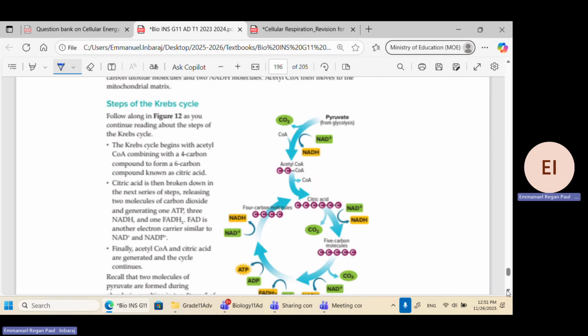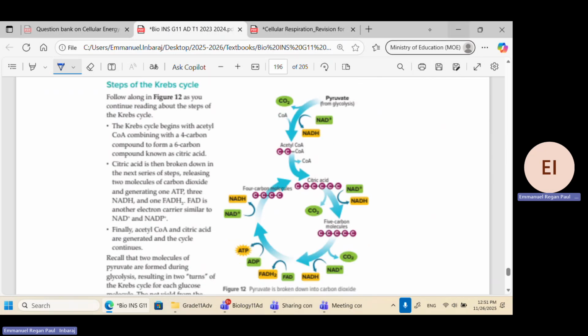So what happens in Krebs cycle? Watch here carefully. The pyruvate is coming from glycolysis. There are two pyruvate, but we are talking about one pyruvate molecule. What happens to it? One carbon dioxide is given off, and the CoA will join and it becomes 2 carbon acetyl CoA.